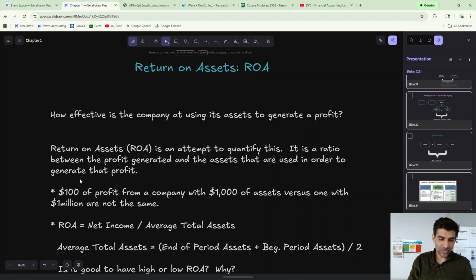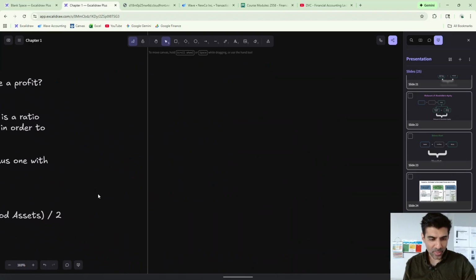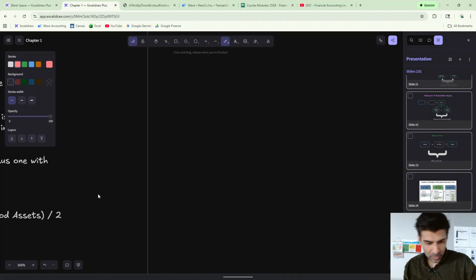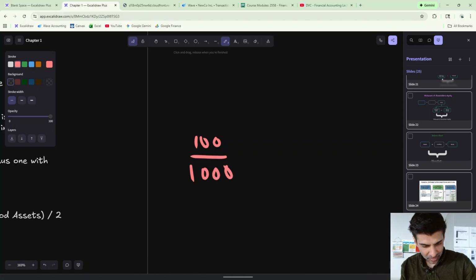So in the case of the company with $1,000 of assets versus a million, let's assume that the asset base is the same, right? It's $1,000 at the beginning of the year and the end of the year, so the average is still 1,000. You would basically have the ROA for one of them would be 100 divided by 1,000 versus 100 divided by 1 million.